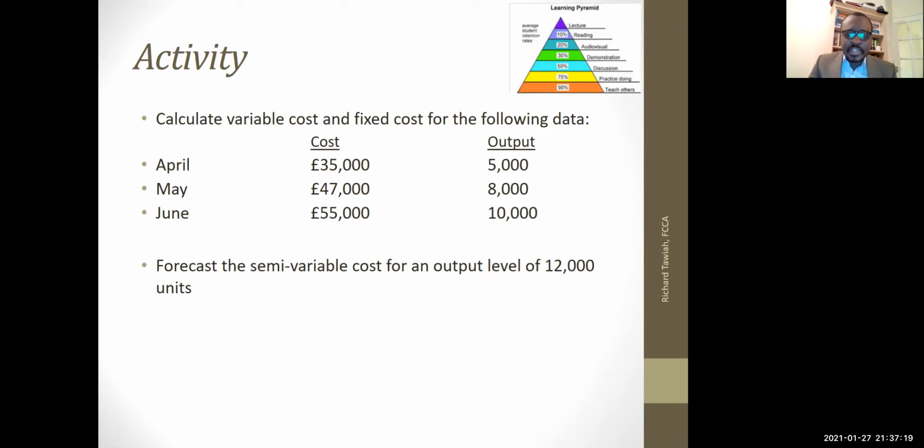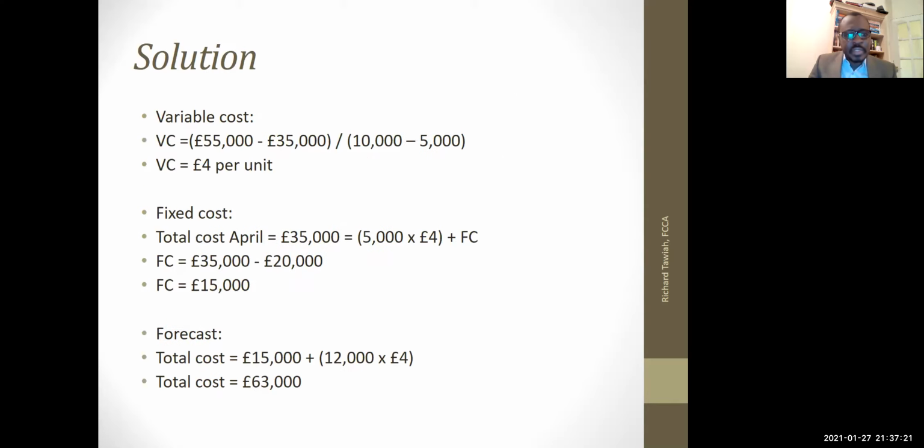So it's just 4 times 12,000, and then you get the variable cost component. Okay, so that's what we have illustrated here. Fixed cost is 15,000. If activity level is 12,000, multiply 12,000 by 4, you get 48,000. Add it to the 15,000 fixed cost, and you get 63,000 as the total cost.